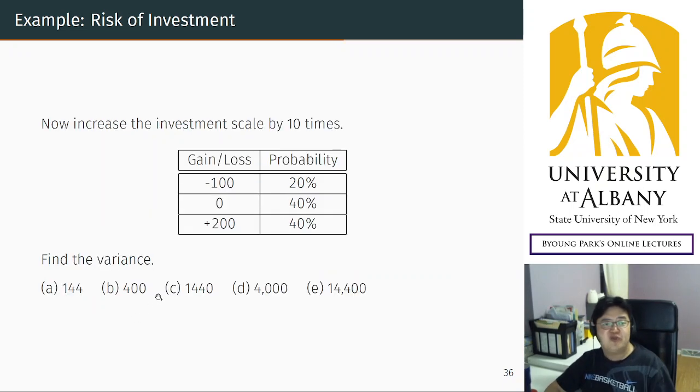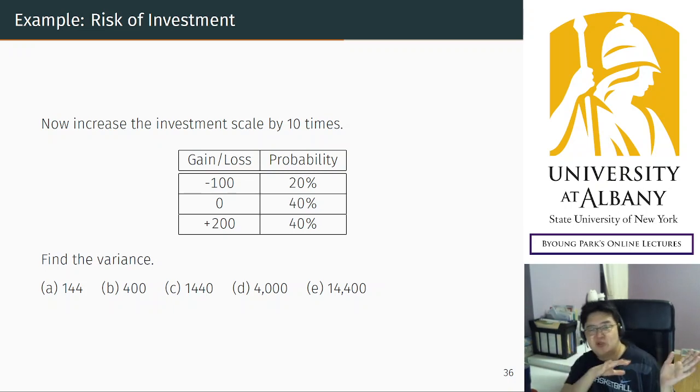Now we are going to study another example. From the original example, now we are going to multiply by 10. So it's like you increase your investment. You bought 10 stocks instead of one.